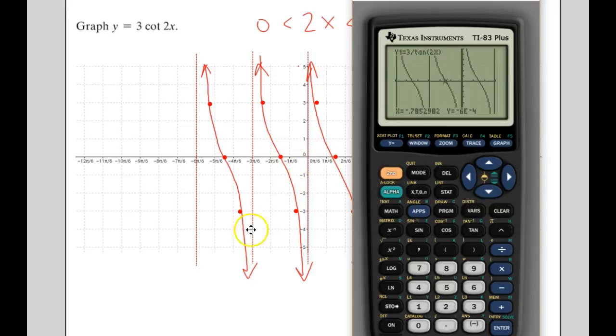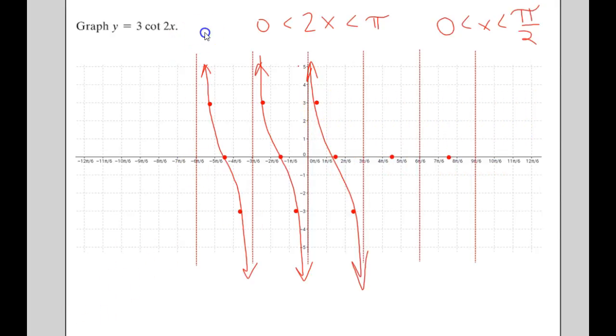If we pick these numbers in between there, so that would be negative pi over 8. That's going to get us down to that negative 3. Alright, and again we can see if we plug in those numbers, pi over 8, we can see that we've graphed it correctly, just using this to verify. So there's the positive 3. Alright, so there's a graph of the cotangent function.